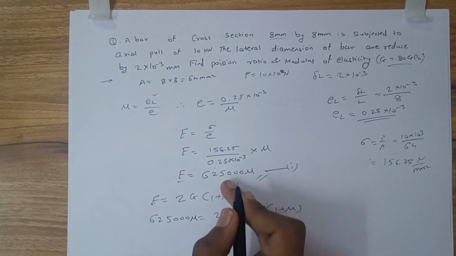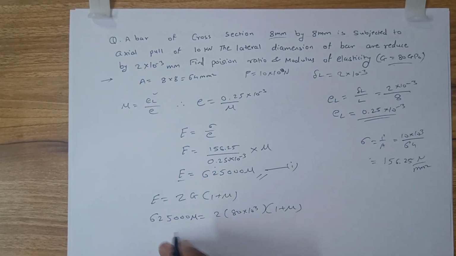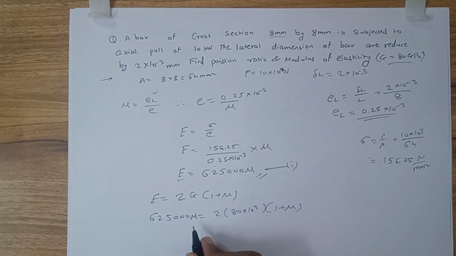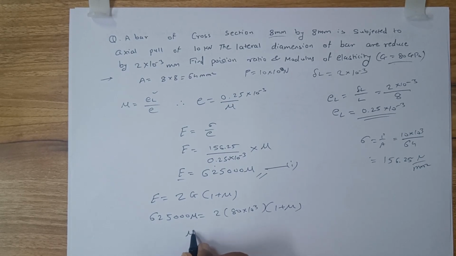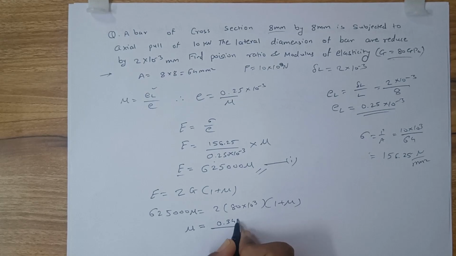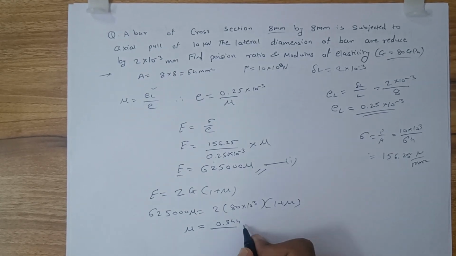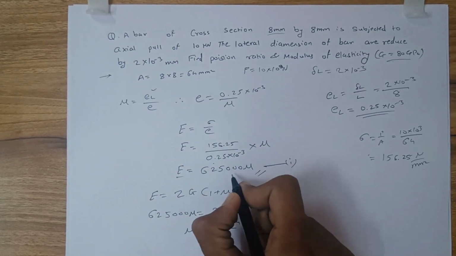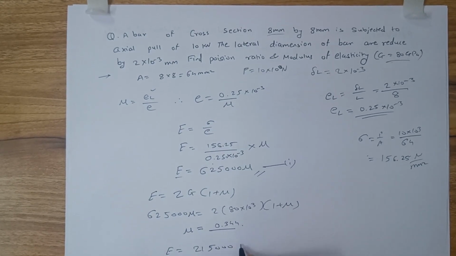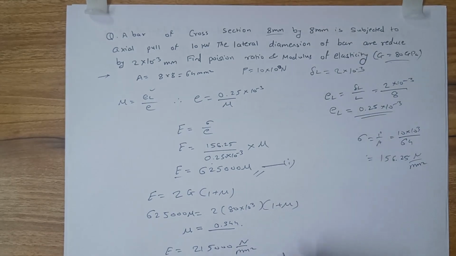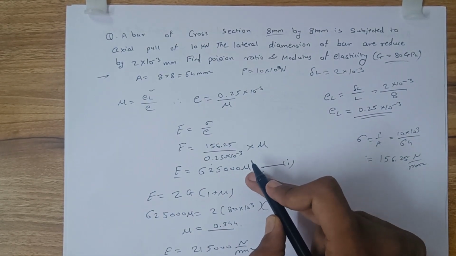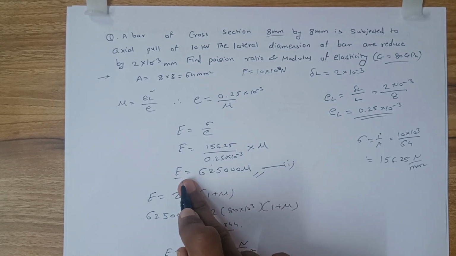By calculating this in our calculator, we get the value of mu, which is equal to 0.344. By multiplying this into this value we get the Young's modulus. Young's modulus is equal to 215,000 Newton per mm square. Simply put this value of mu here and we get the value of Young's modulus.